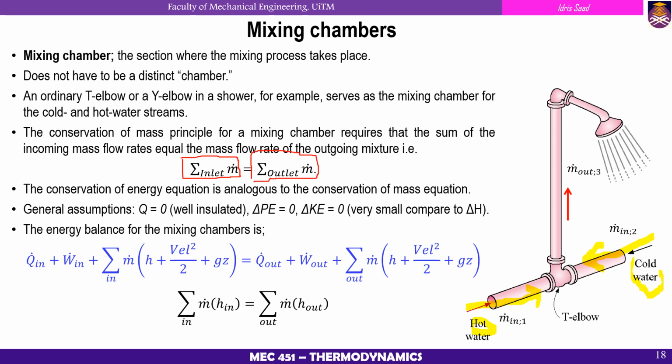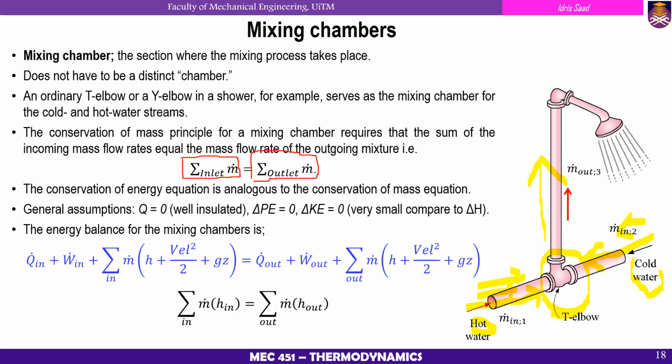Both are mixed together and the temperature is regulated at the mixing chamber of this T elbow, so that the output water from this shower is only one, whose temperature depends on the flow rate of the hot and cool water. That means it depends on the ratio of the hot water and cool water.